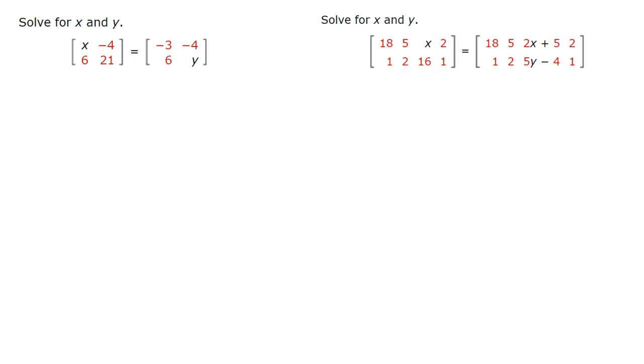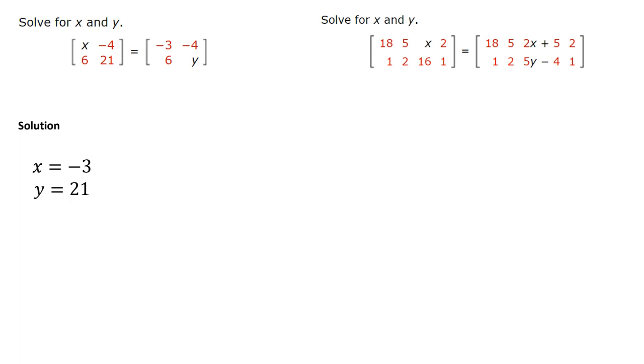For the y, since I have a 21 on the left matrix, the y also has to be 21, yes? So the solution here is x is equal to -3, y is equal to 21.